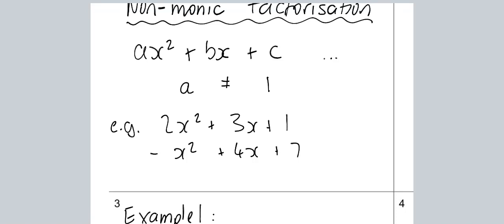Yeah? Okay. Or a half x squared minus 2x plus 3/4. I don't know, whatever. Pi x squared would also work. So basically, if it's not equal to 1, then you've got a non-monic factorization. And when you get things like a half x squared, there are other techniques that will probably help you make more sense of this. But nevertheless, here we go.